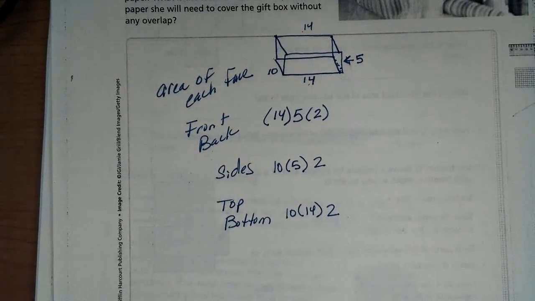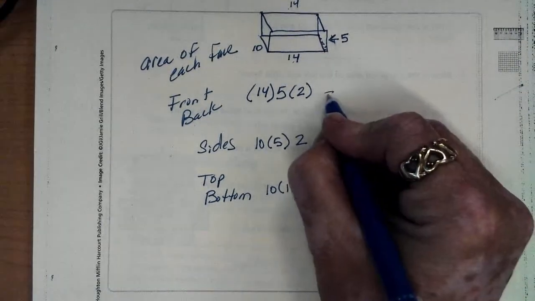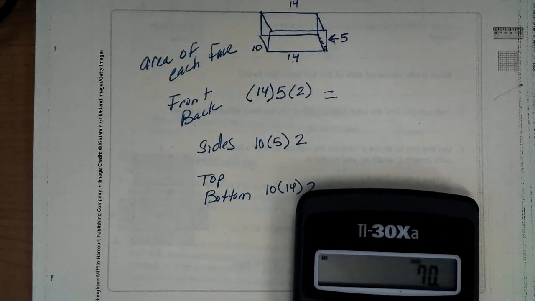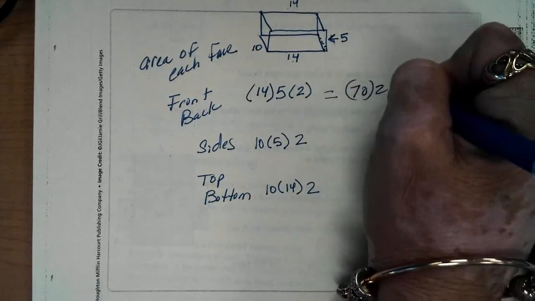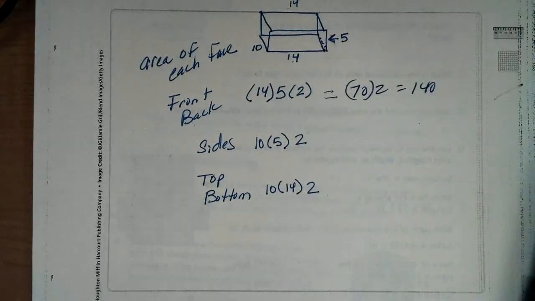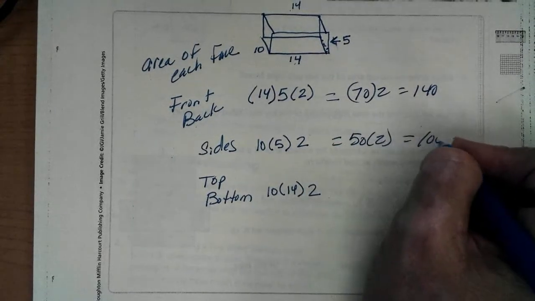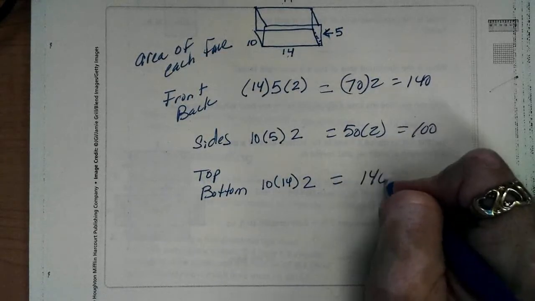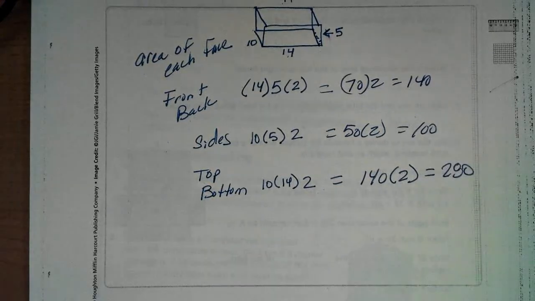Alright, so if we're going to find the area, we just multiply it out. So 14 times 5 is 70, times 2, so that is 140. And then my sides are 50 times 2, so that's 100. And then the top and bottom is 140, and then times 2 is 280.